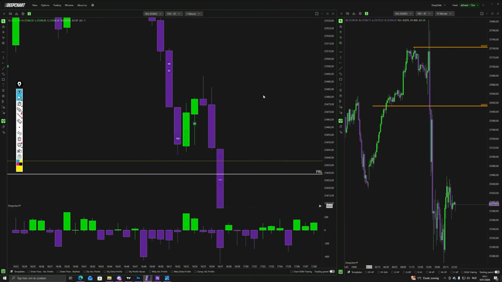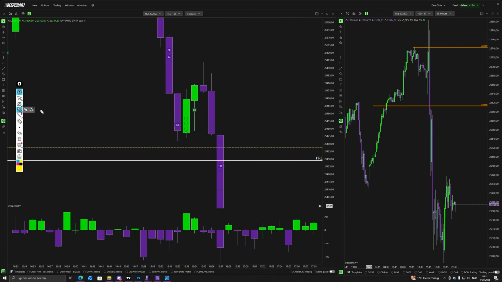We sell off. And then eventually in this candle, you see the heavy selling. Next candle opens up, bullish buying.